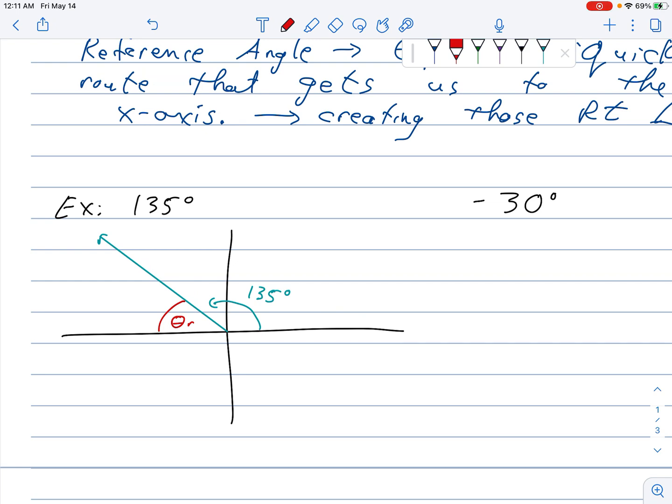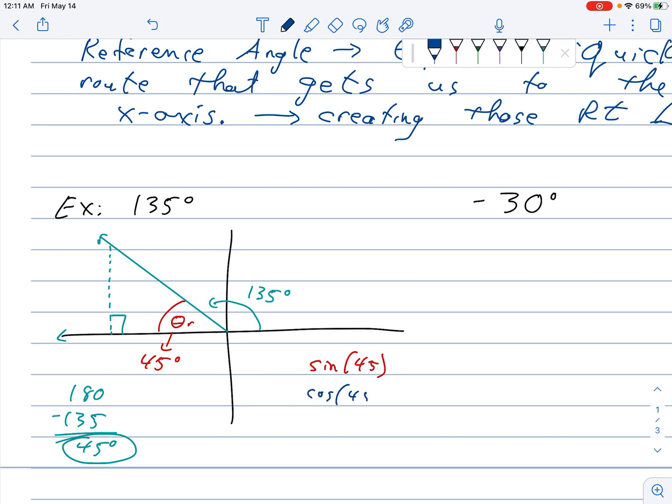And that number we have here is 45 degrees. And I got that from saying, well, that's a 135 degree angle. My x-axis is at 180. So how many more degrees would it take to get there? 45 degrees.